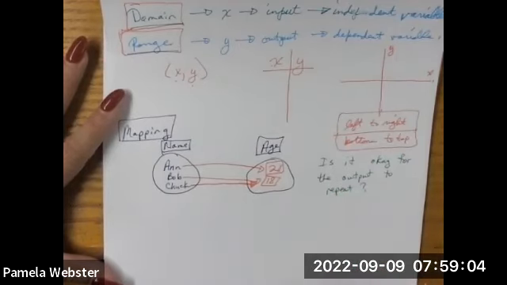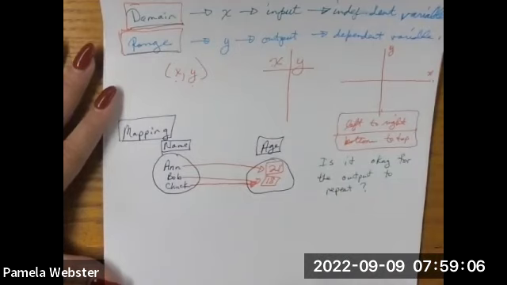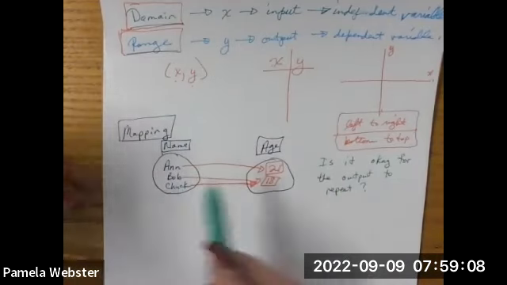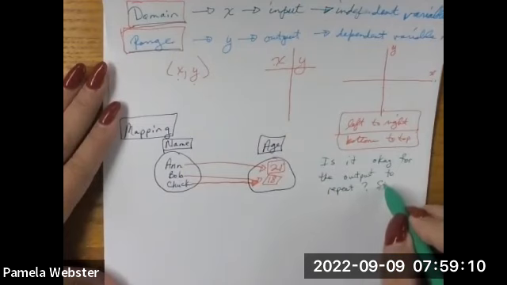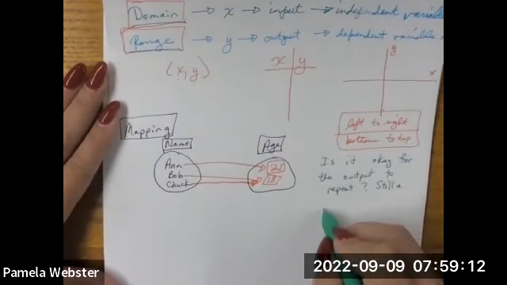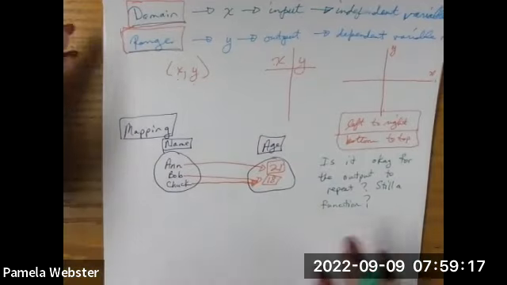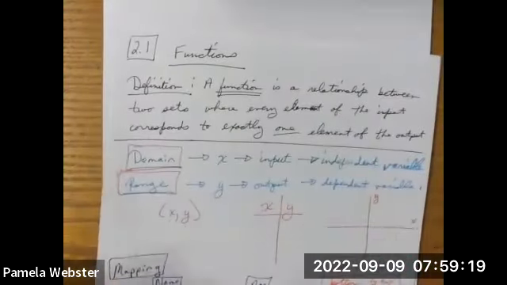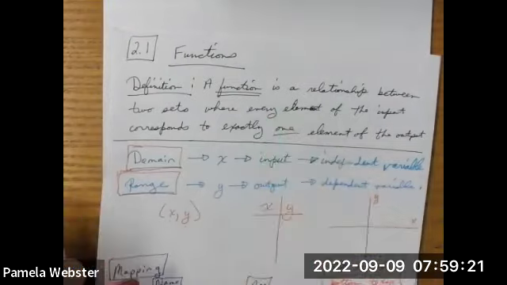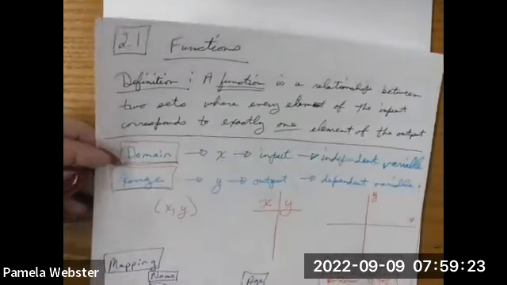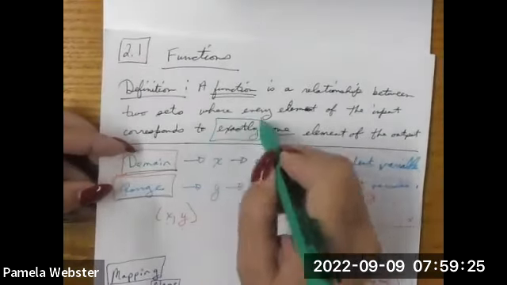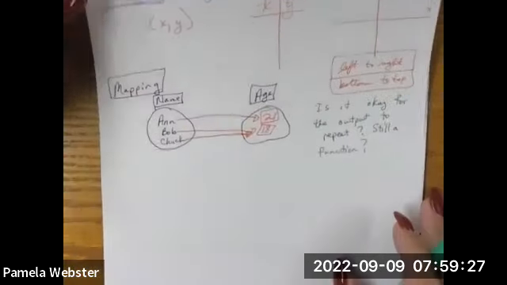Is it okay for the output to repeat and still be a function? That's what I'm wanting to know here. Remember my definition way up here at the top was that every element in the input corresponds with exactly one element in the output.